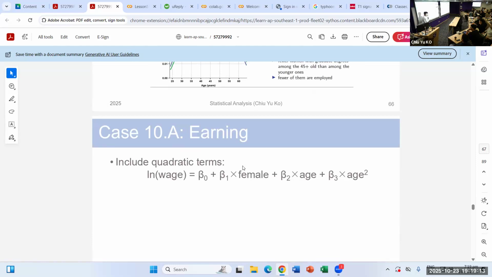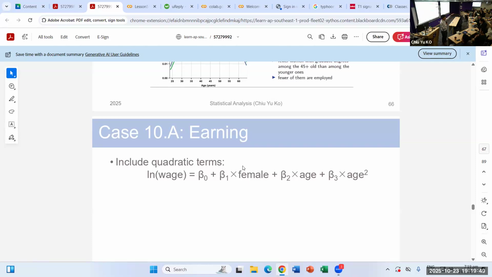Log wage means the wage growth rate, right? And this is what the female effect does, it just affects the level. But it is possible that female also affects how your experience changes your wages, right? Maybe females start at low wages, but their wage can go very fast. Or it's not about the starting point, it's about how it grows.